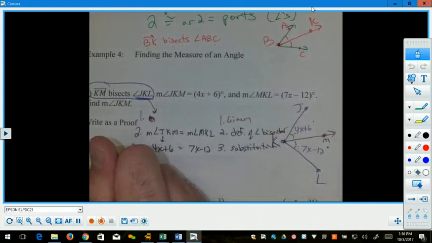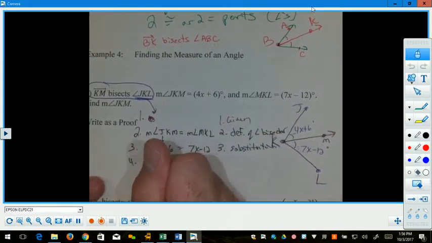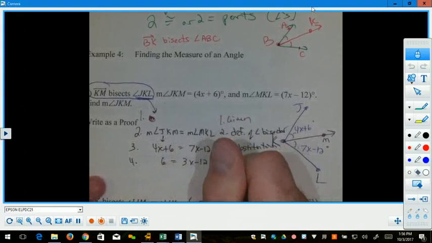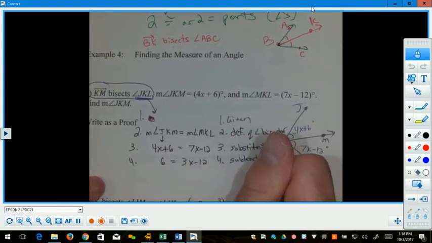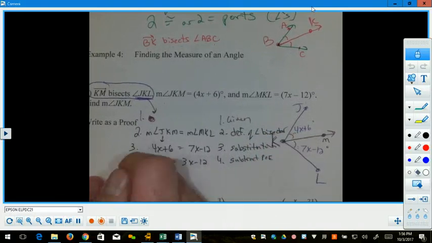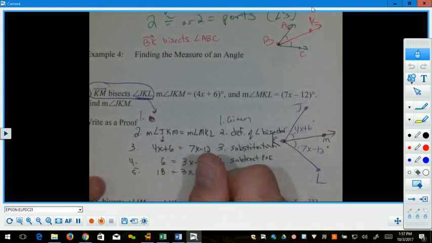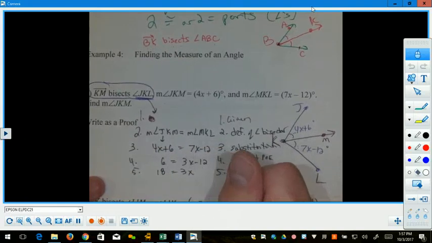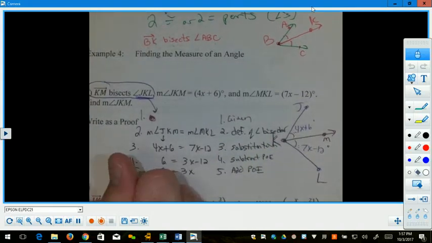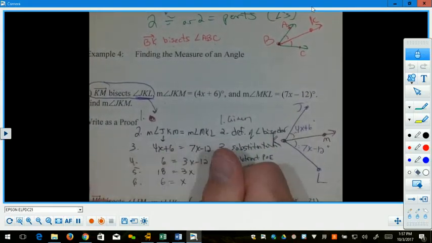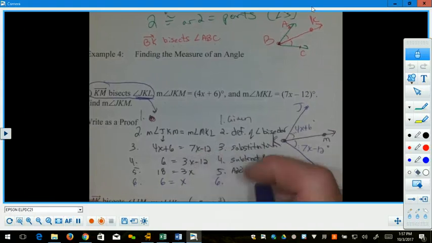We're going to solve, so getting my variable to one side, I have 6 equals 3x minus 12. I just used subtraction property of equality. Next I'm going to add 12, so I have 18 equals 3x. Since I added, it's the addition property of equality. And now I'm going to divide by 3. So 6 equals x. That is the division property of equality.